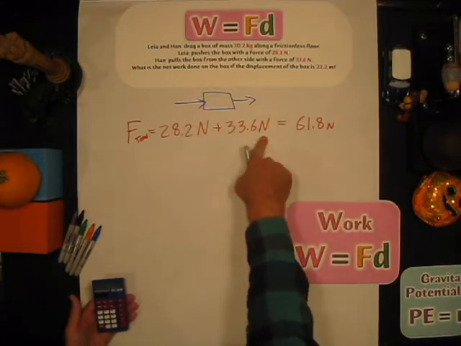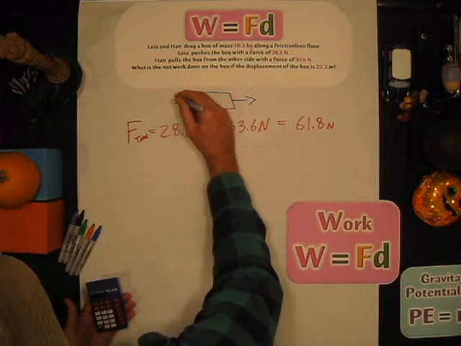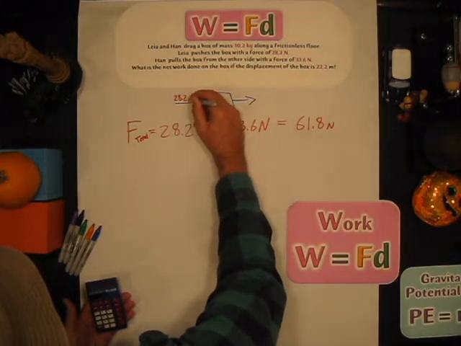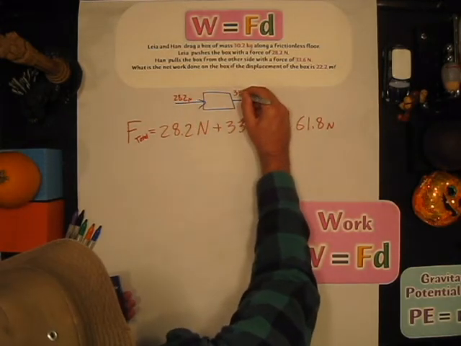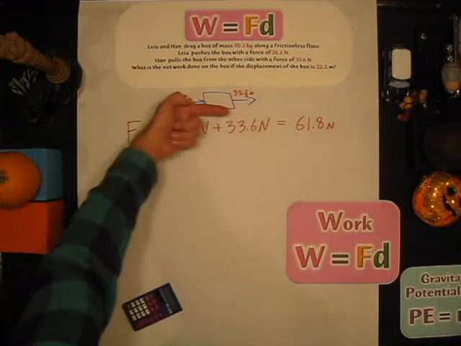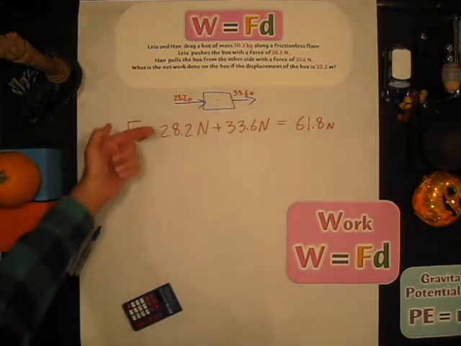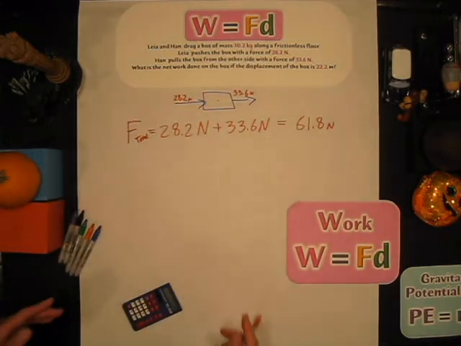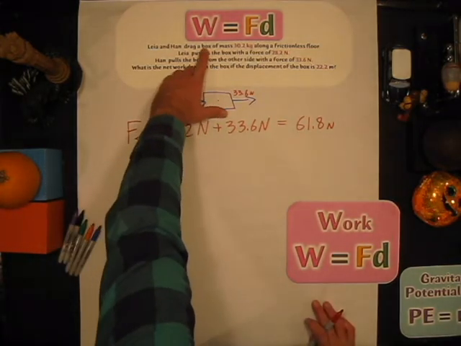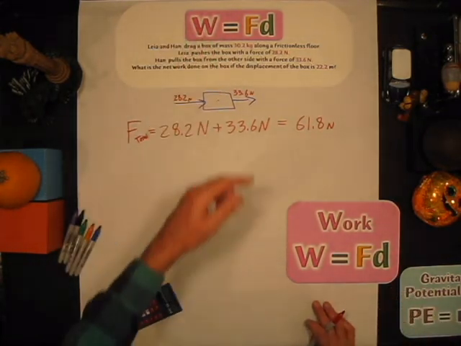So add them together. And of course, hers was pushing 28.2 newtons, and his was pulling 33.6. So see how those add? Because they're both, here's the center of the box, she's pushing it, he's pulling it, and this would work if this was like C3PO or whatever. So that's pretty easy.